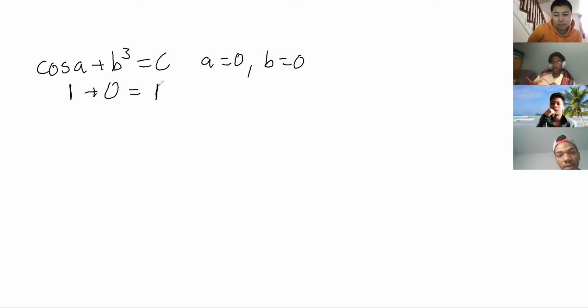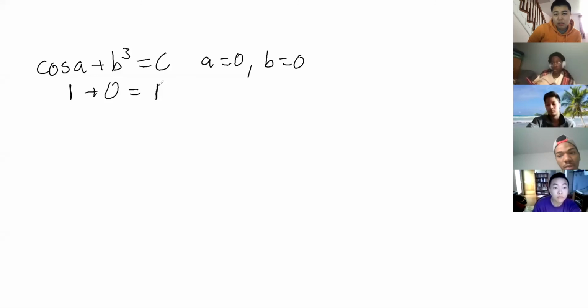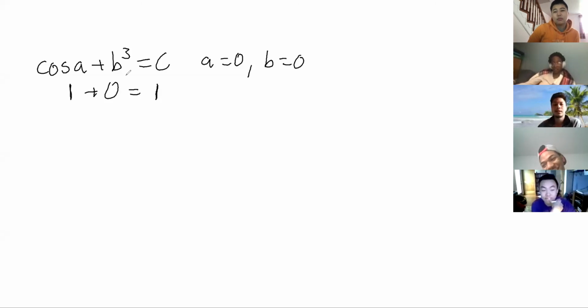But I'm wondering, what does this tell us? c equals 1 because we're looking for the value of c. It tells us like the radius, sort of, but this isn't a circle. This is not the function for a circle.